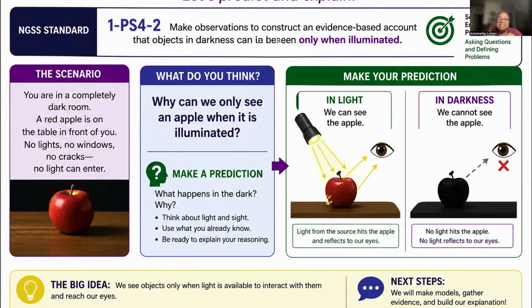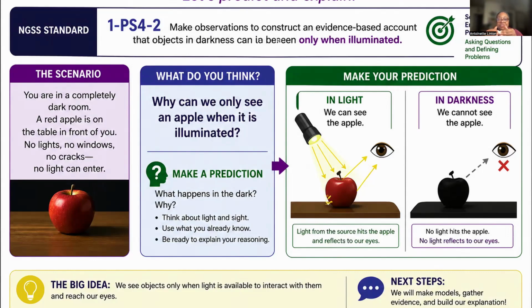When we read a standard, we're not just reading content, we're identifying the thinking students are being asked to do. So let's break this down. Make observations. Students are gathering information. Construct an evidence-based account. Students are explaining and justifying. So this is Bloom's.